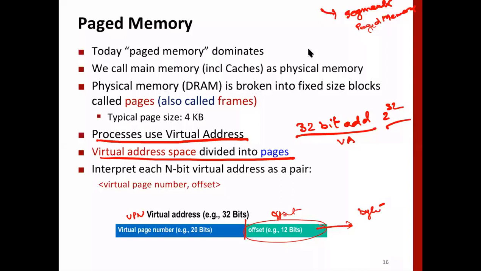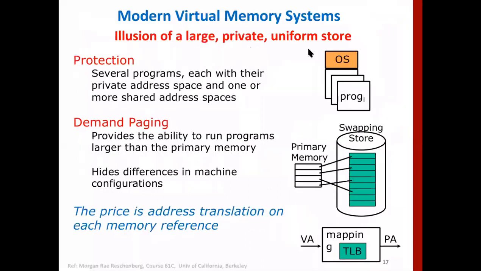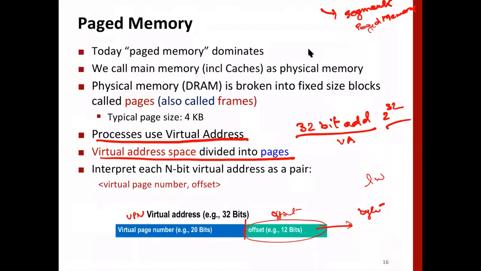For example, load byte gives the address of a particular byte, so the processor issues a byte address. Then this offset is required, to say which byte inside a page we want to read. And this virtual address now has to be converted into the physical address.